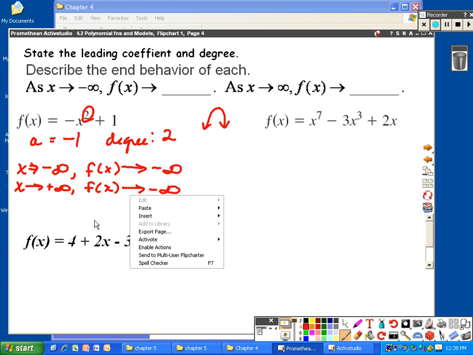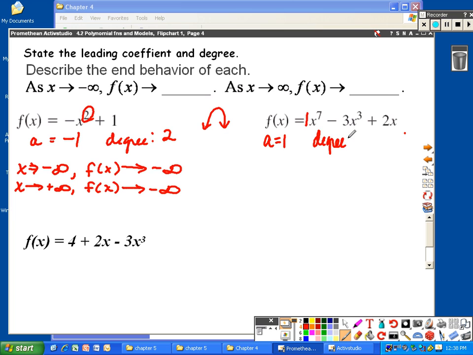Okay, let's try this one. f of x equals x to the 7 minus 3x cubed plus 2x. First of all, A, the leading coefficient, is 1, and the degree is 7.